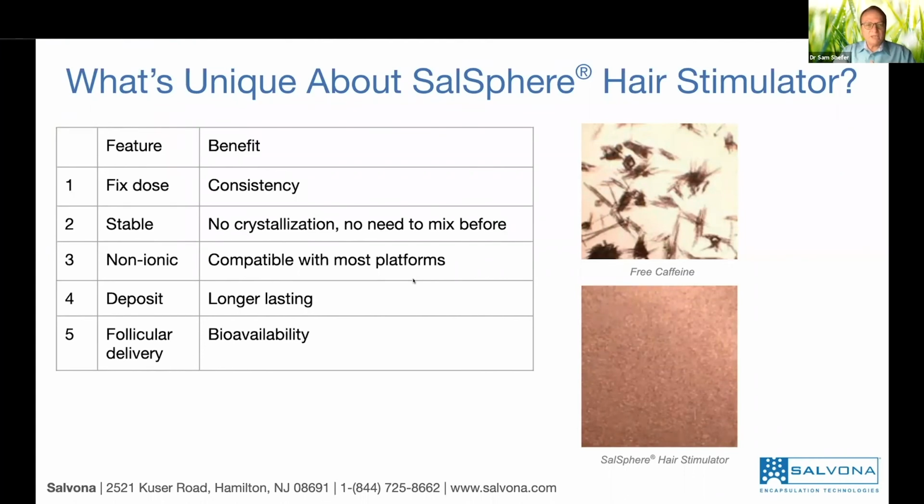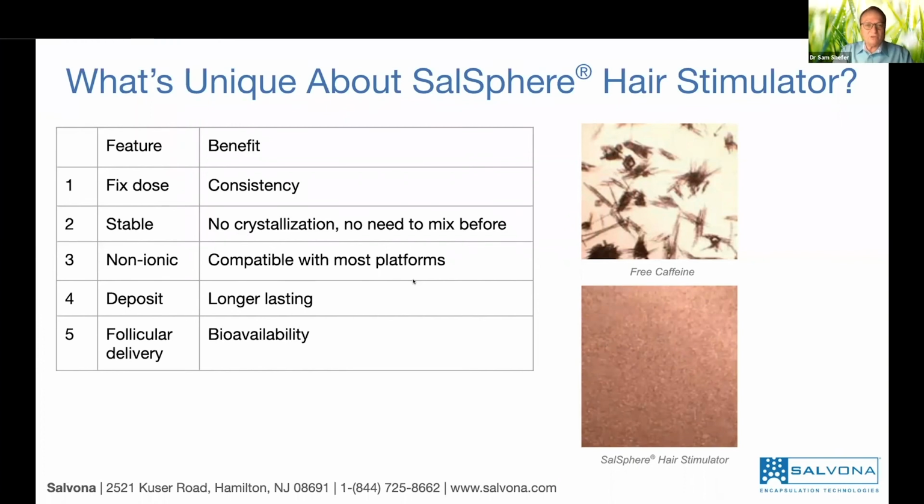Then, because the core is fat, lipid, it has a tendency to stick like dirt. So it's depositing. If it deposits on the scalp, then it will slowly release. It will not be washed off so easily as controls that do not have the technology. So that technology makes it stick, adhere, and provides long-lasting release. And you know, it's a biological process.